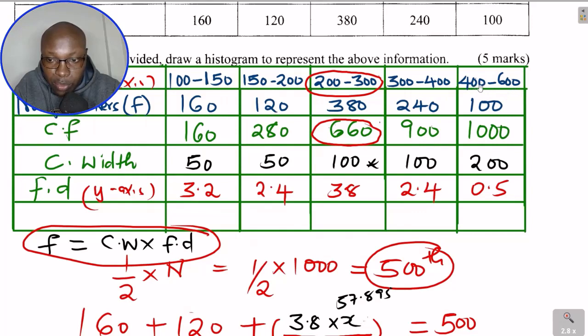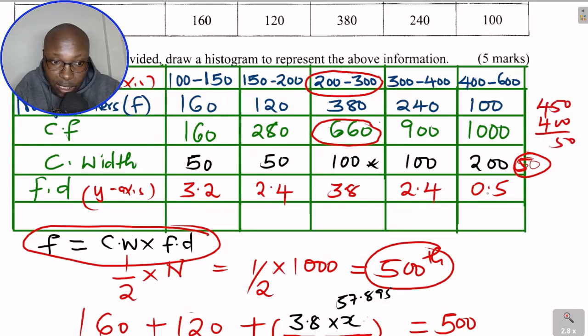To know what to use there, we said to get the frequency. We don't have the frequency for that class, but we know the class size. The class size there will be 50 because we are moving from 400 to 450. Let me write it here: 450 minus 400, so that is 50, the class size.